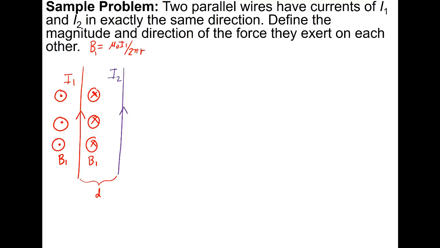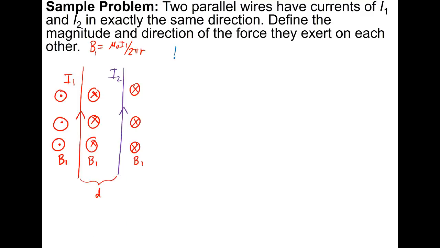Now, the interesting thing is that even at the location of I2, there is a field from B1. And so what we can do is we can determine the force that wire I2 experiences because of field B1.